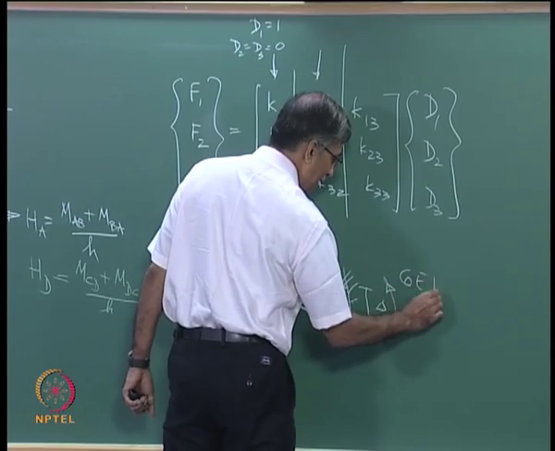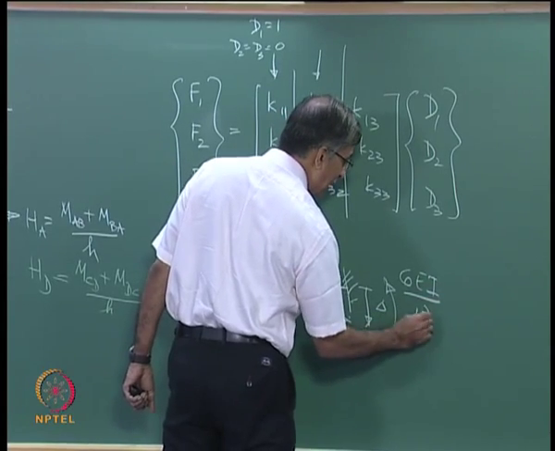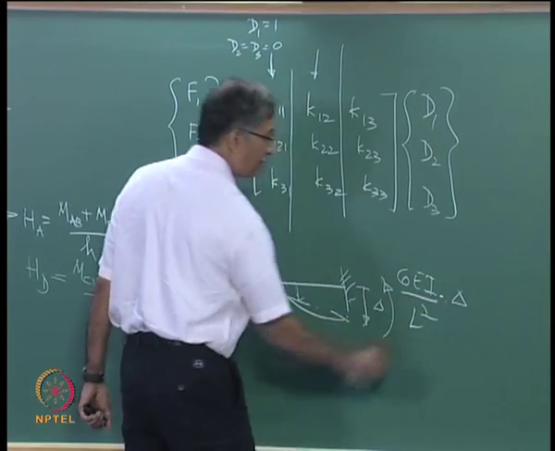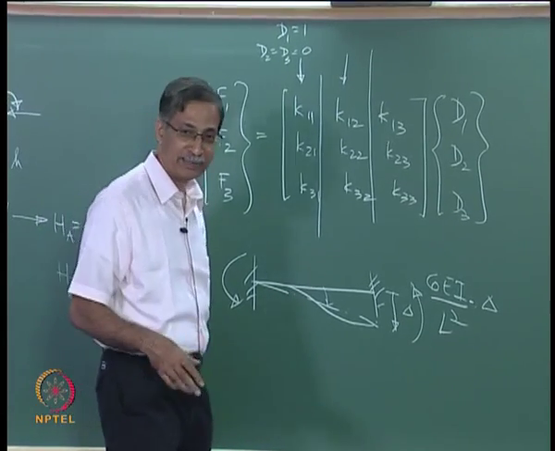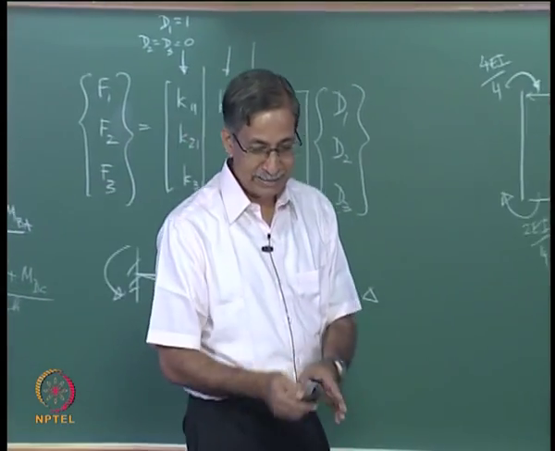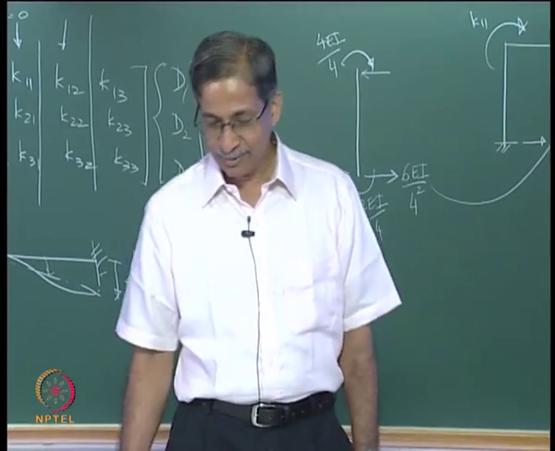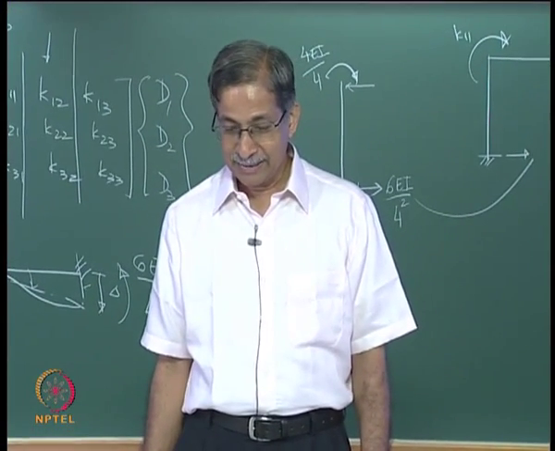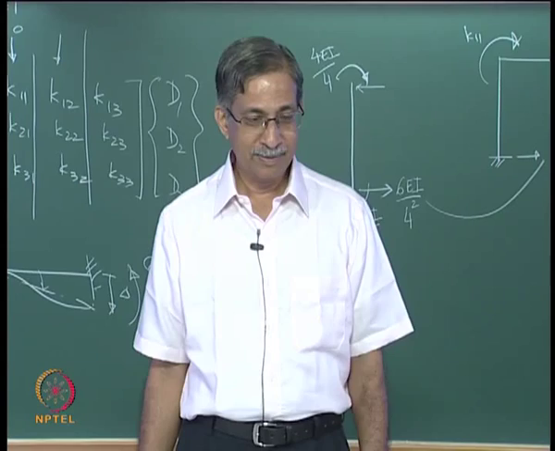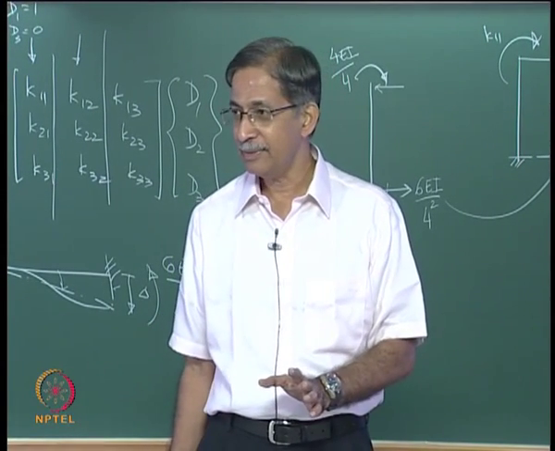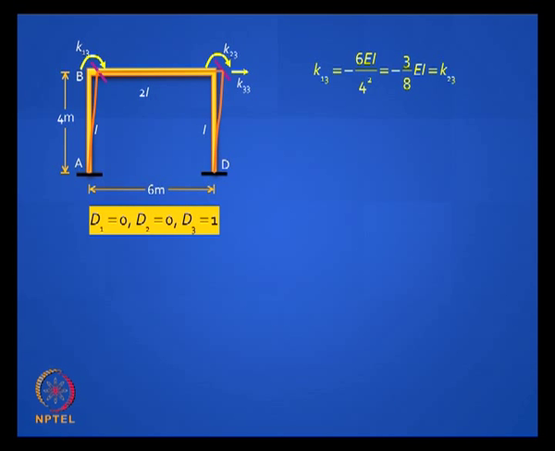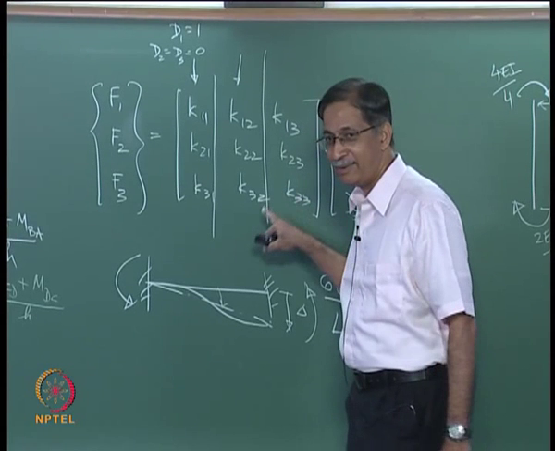Well, it will come to 6EI by L squared times delta by L. Don't make mistakes like that, you lose everything. Okay, so that's easy now. You got it? And there's a minus sign. So you got K13, you got K23, you got everything in this matrix except this last fellow.